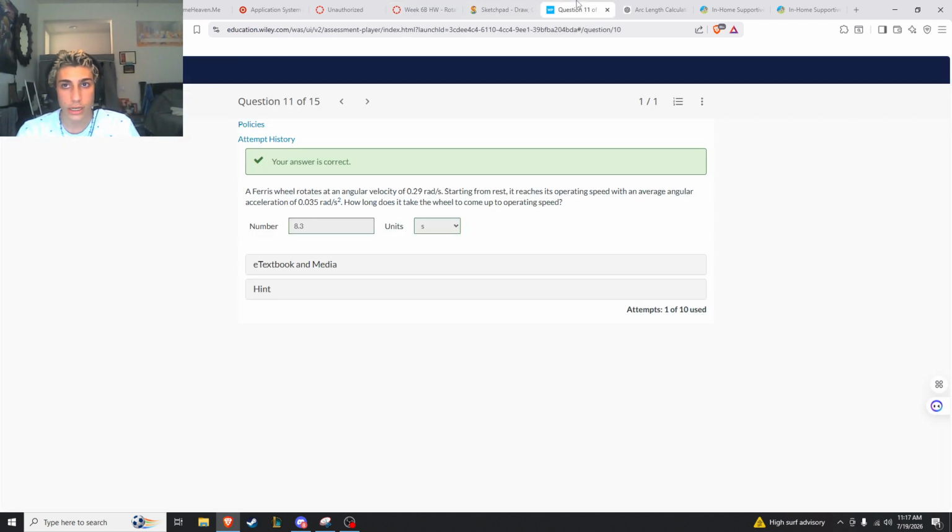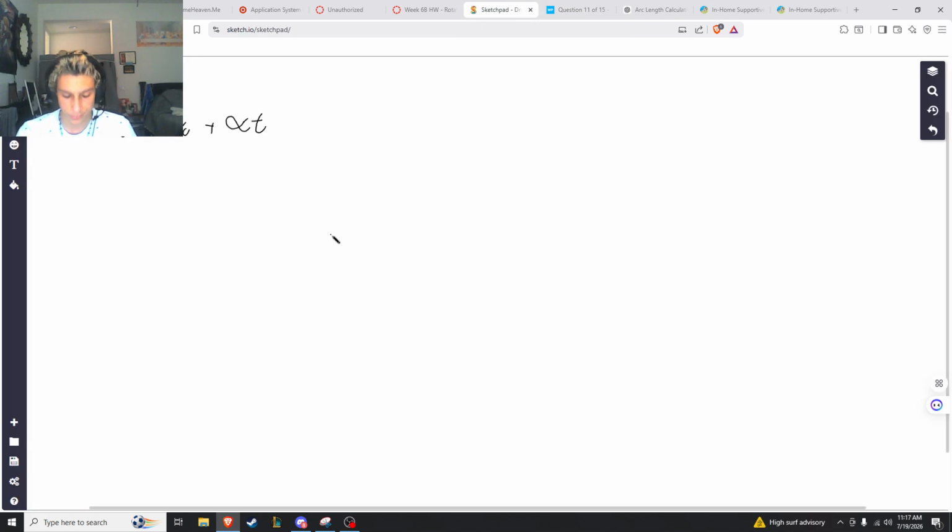In this situation, the initial angular velocity is going to be 0. So w0 is equal to 0 rads per second.